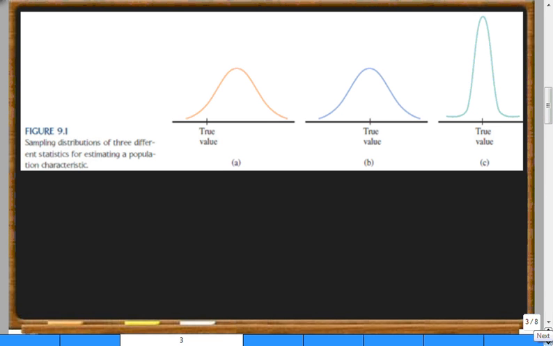Okay, so if you're looking at some different statistics, let's look at part A. In our first distribution, our true value is here, right? And the statistic we've done our sampling distribution for is here.